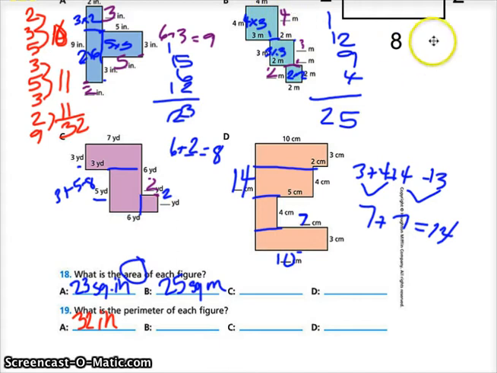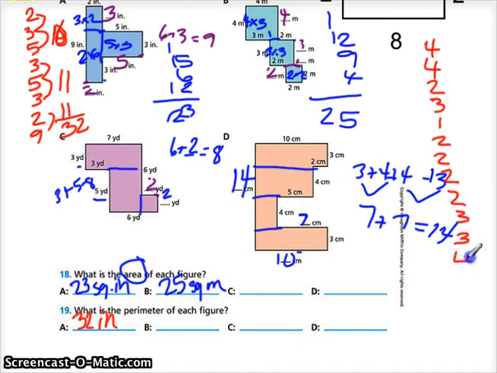And then B, I have 4 plus 4 plus 2 plus 3 plus 1 plus 2 plus 2 plus 2 plus 2 plus 3 plus 3 plus 4. Lots of numbers because it has all of these edges.